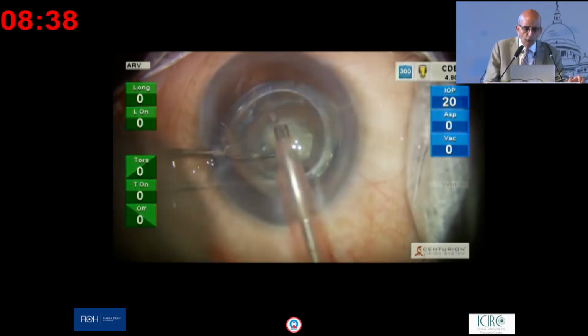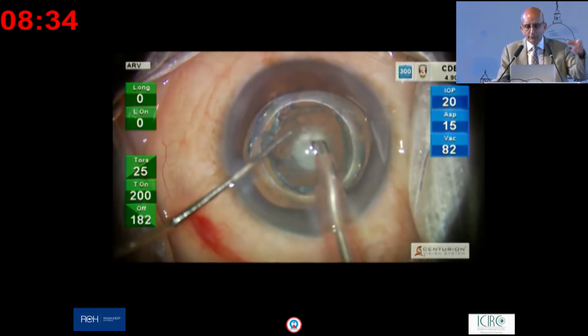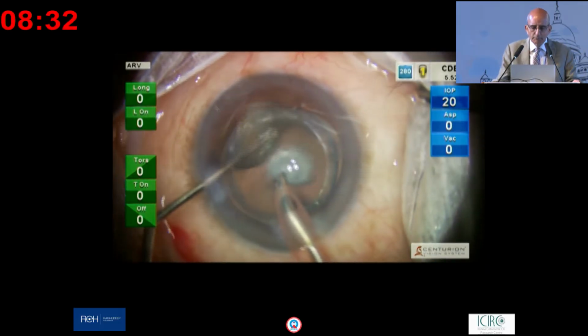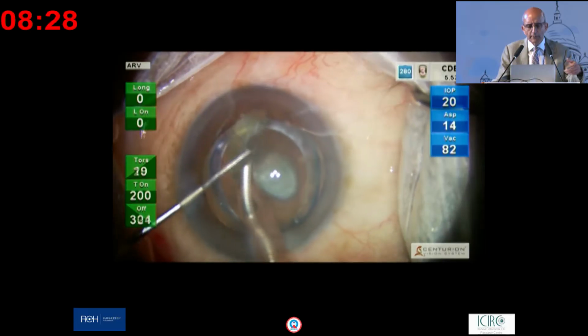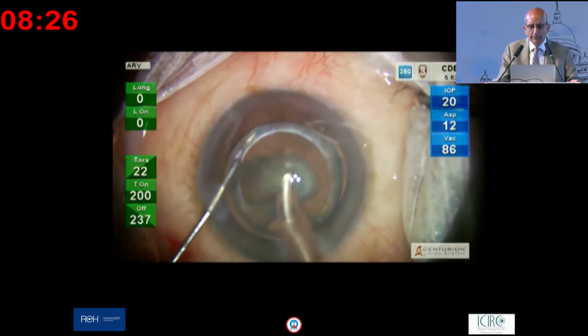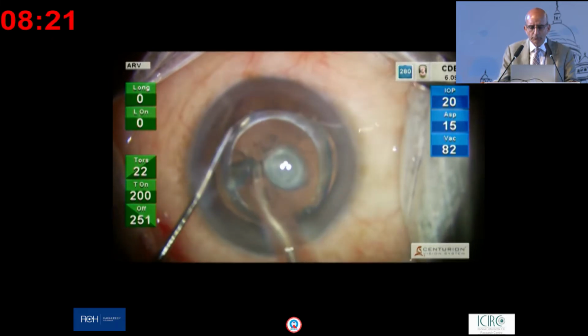I'm using more energy and then debulking these tires, or the delineated material that we have, and it's very easy to bring it to the phaco tip because they're laser cut, and one ring after another will come to the phaco tip.